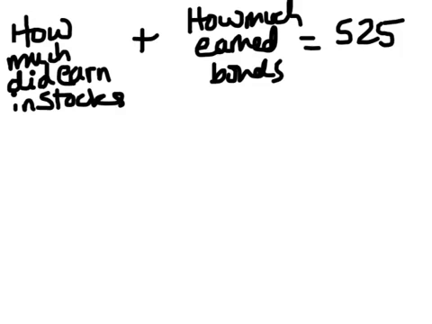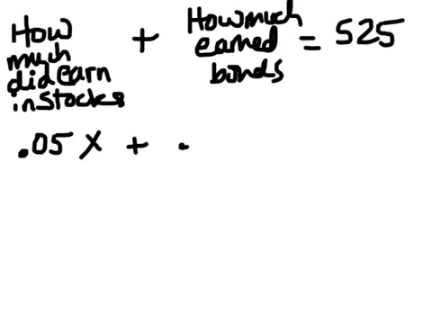Now, stocks paid 5%. So when you say 5% of stocks, which I decided to call X because I didn't want to mess with the S, and in bonds, they paid 8%.